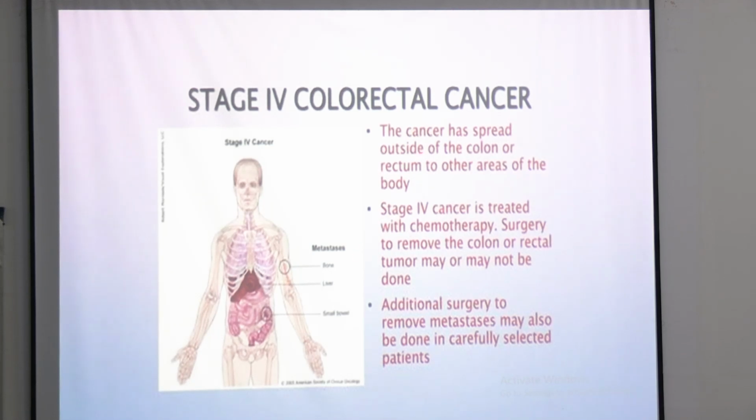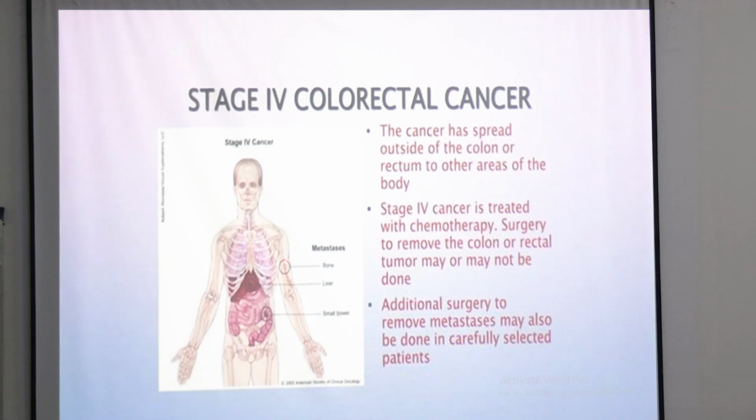Metastatic carcinoma has spread outside the colon or rectum to other areas of the body, and here surgery may or may not be done depending upon the condition of the patient, and chemotherapy can be given.